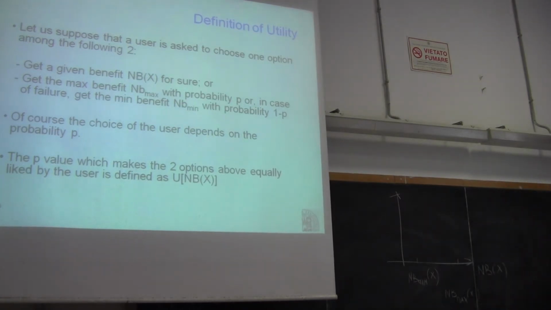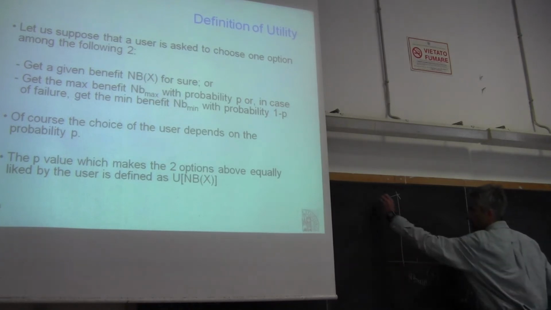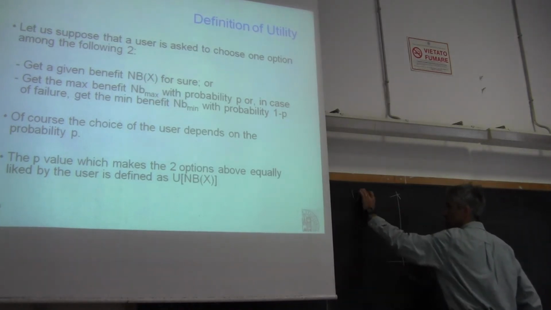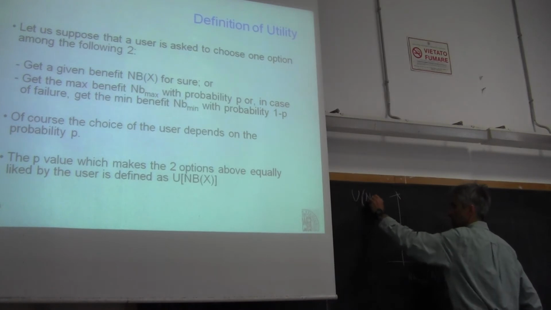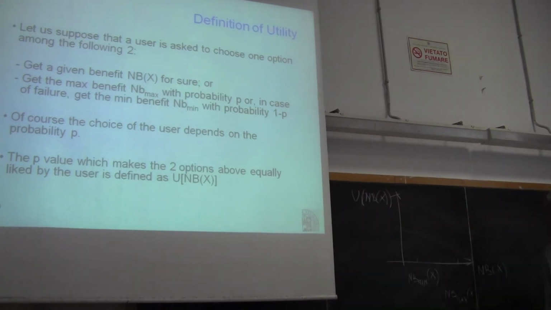Usually, even in the presence of uncertainty, I can define the minimum and the maximum with a good precision. The minimum can be 0, as I said. And of course, to these values of minimum and maximum, if I put the utility, which is expressed as a function of the net benefit, which in turn depends on x.